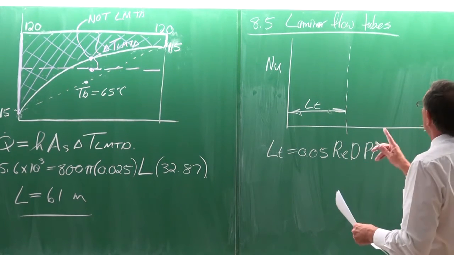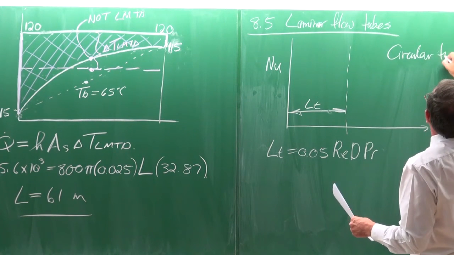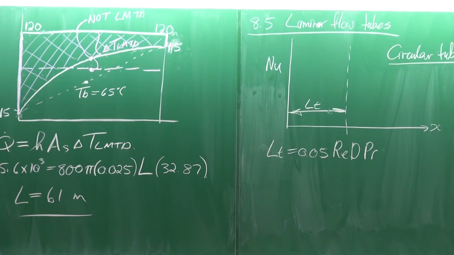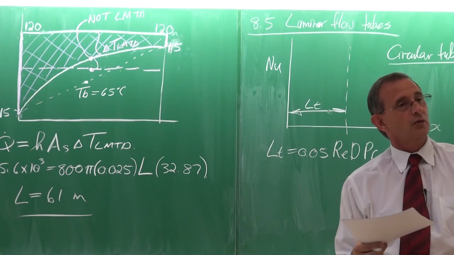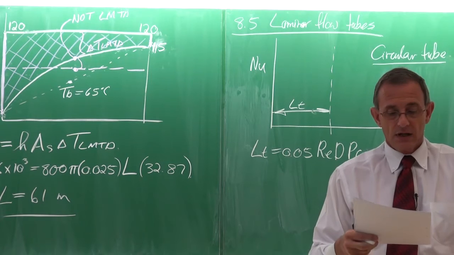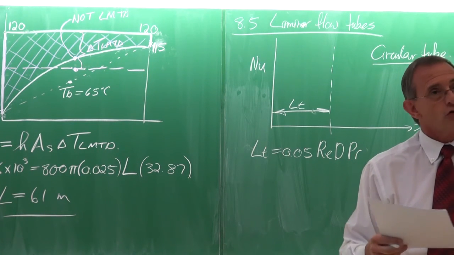Now, take note, a circular tube. For a circular tube, there's a very important derivation in your textbook. Please go through it yourself. It's not complicated. Because of time limitations, I'm not going to get to it. But that derivation is now for laminar flow.